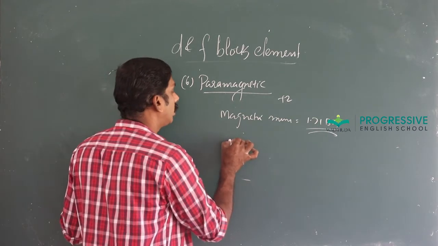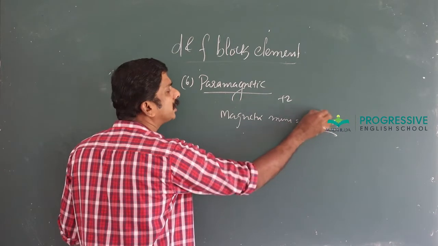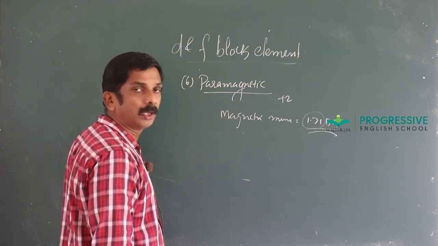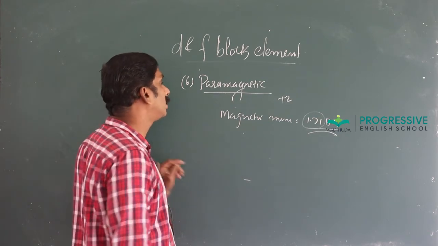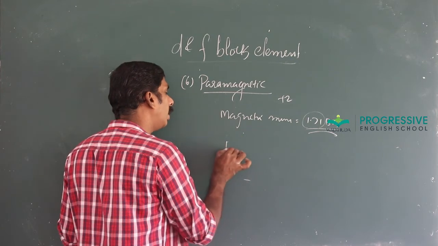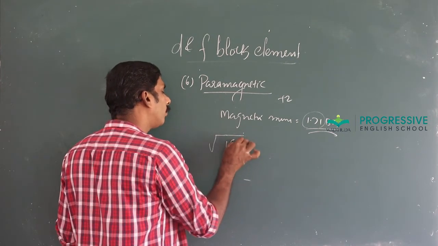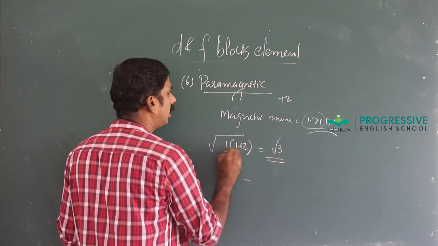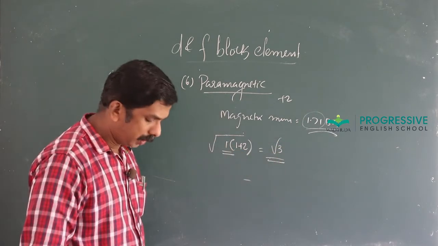Root 3 is approximately equal to 1.71 Bohr magneton. Therefore, if a bivalent ion contains one unpaired electron, root of 1 into 1 plus 2, root 3, that is, it contains one unpaired electron.